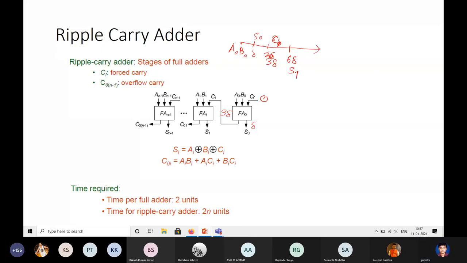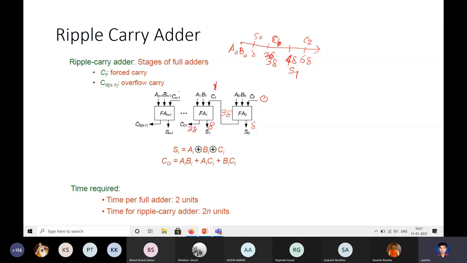So S1 comes at 4 delta, just 1 delta after C1, whereas C2 comes at 6 delta, 3 delta from the time C1 arrives. If we call this the time at which C1 arrives, the sum comes at delta from that, and the carry comes at 3 delta from that.